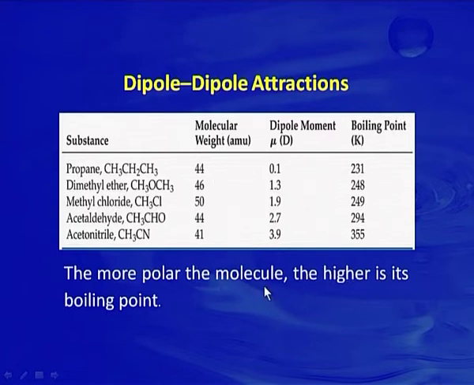From this table we can see acetonitrile has a lower molecular weight than methyl chloride or acetaldehyde, but its dipole moment is more than that of these compounds. So, the boiling point of this is higher than that of the other molecules. It is clear: the more polar the molecule, the higher its boiling point.